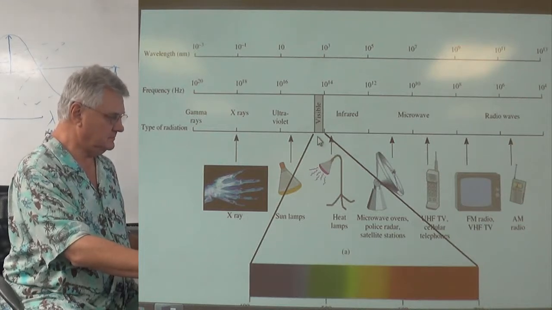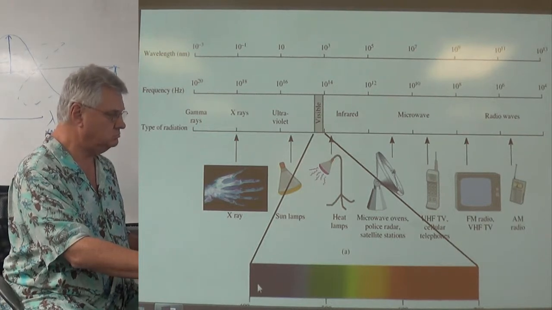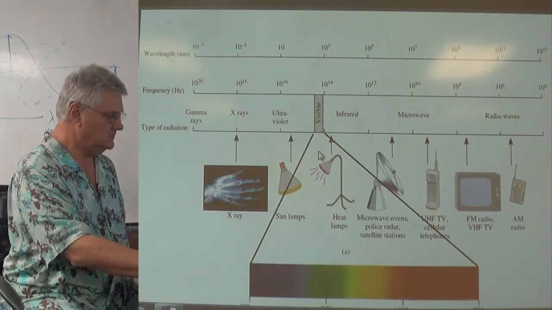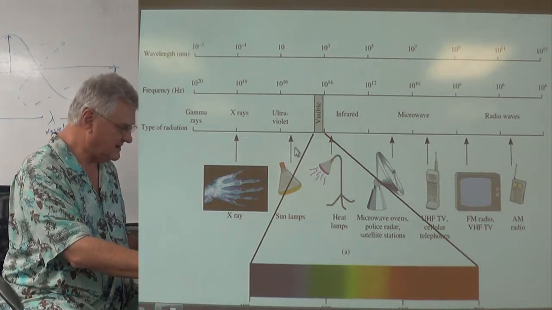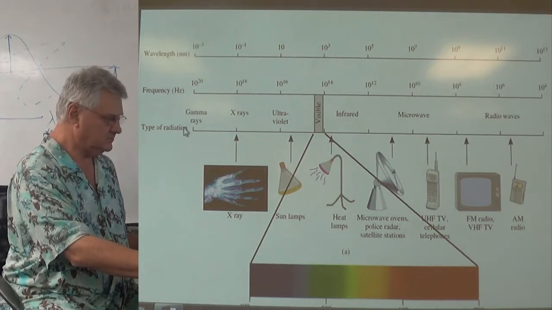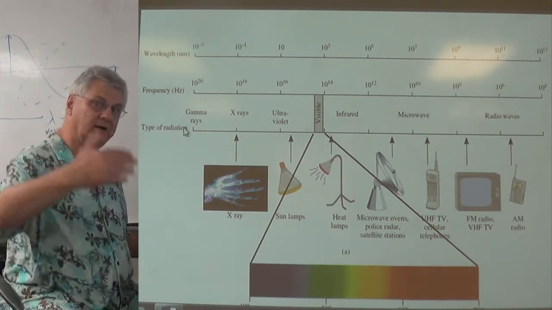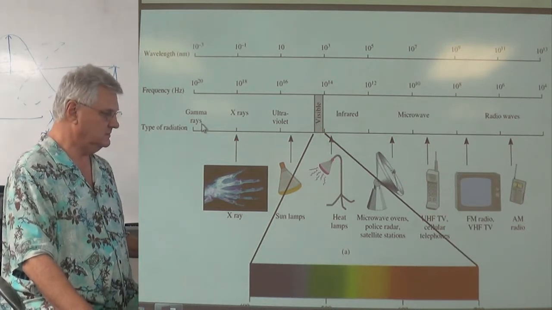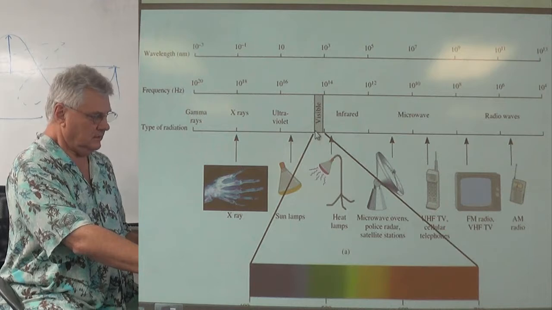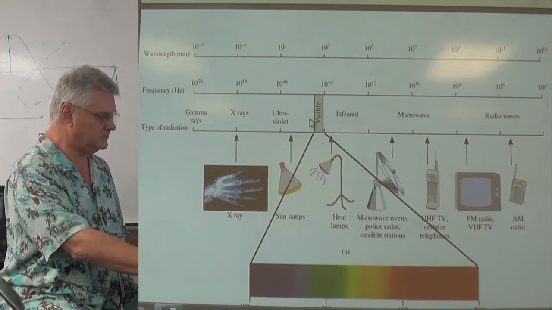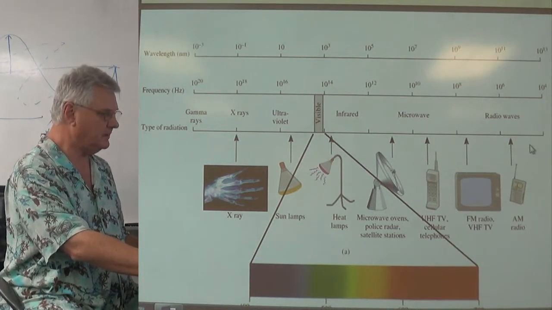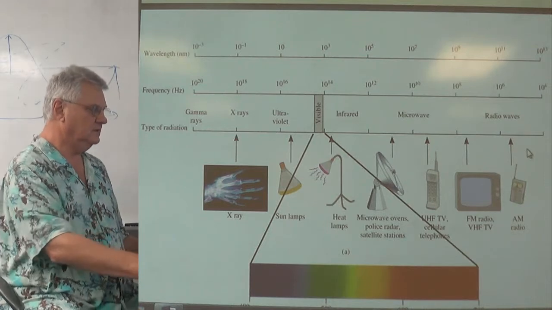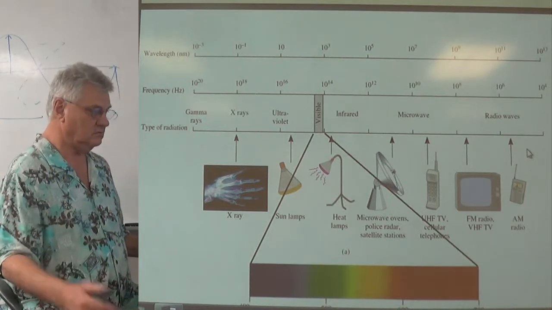Generally speaking, as far as visible light is concerned, frequencies greater than blue in the visible are higher energy. Ultraviolet, X-rays, and gamma rays are higher energy photons than any of the photons in visible light. And when you get to frequencies less than red, infrared, microwave, radio waves, the energy of the photons goes down.